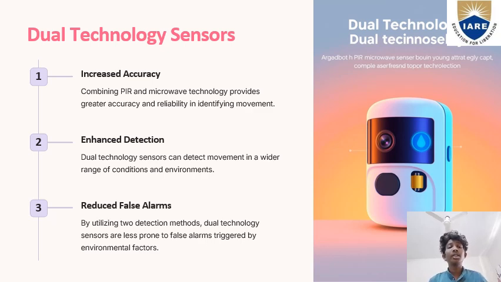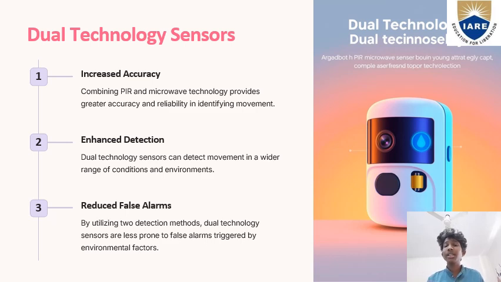Dual technology sensors. Combining PIR and microwave technology provides greater accuracy in identifying movement. Dual technology sensors combine two or more sensors, such as passive infrared, PIR, and microwave sensors.